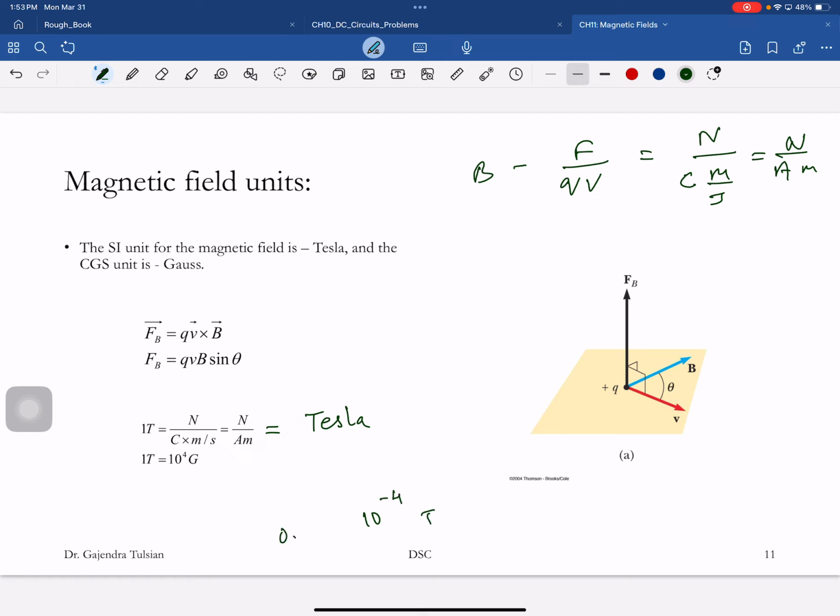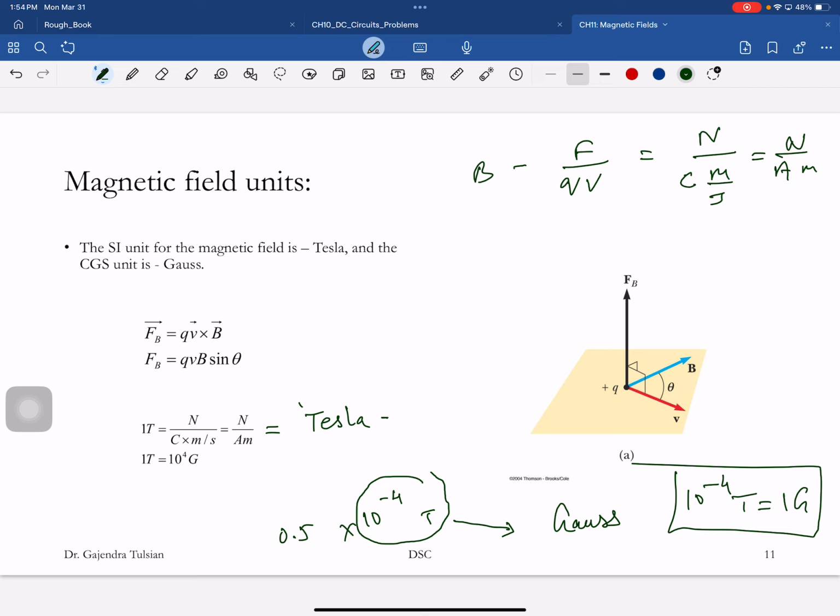Actually, it's half of that. Planetary fields are of the order of 10 to the minus 4 Tesla, so we give this a new name called a Gauss. So 10 to the minus 4 Tesla is 1 Gauss.